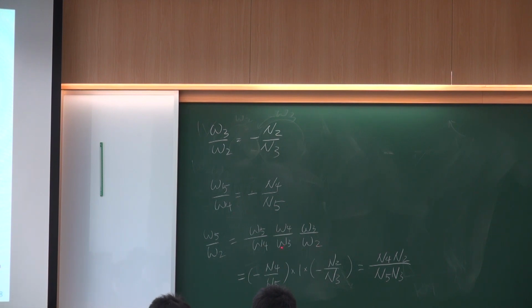We also know omega 4 over omega 3 because they are installed on the same shaft, so their speed is the same. So omega 4 over omega 3 is just 1.